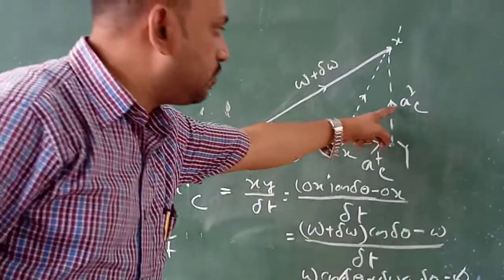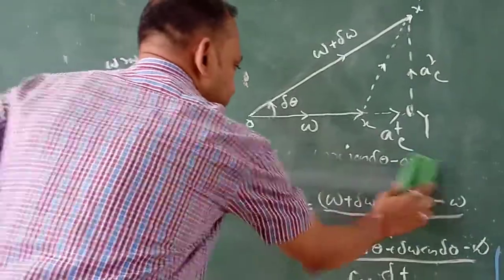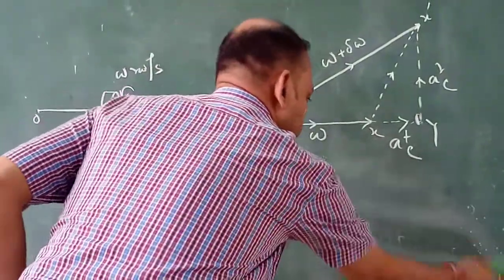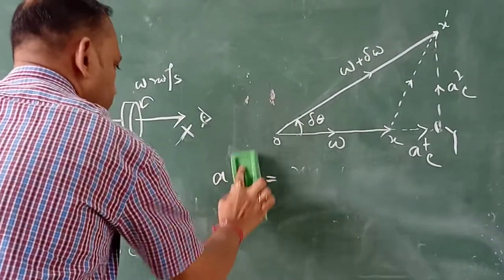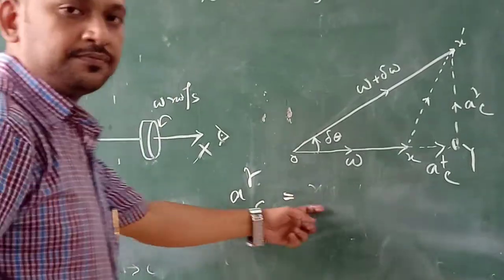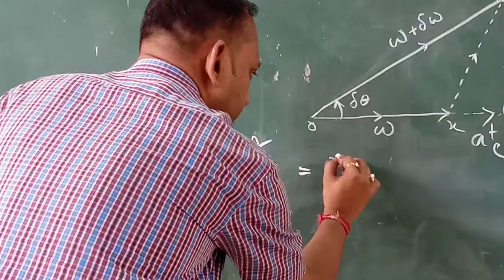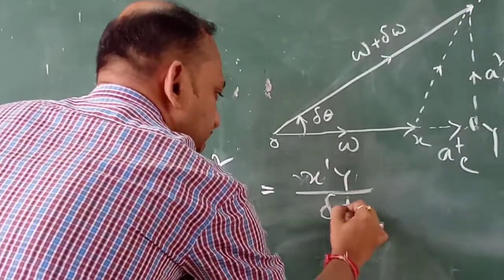Now let us have a look into the radial component of acceleration. This is x dash y divided by del t.